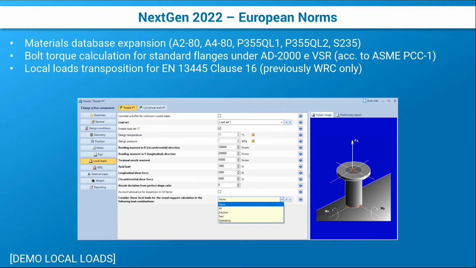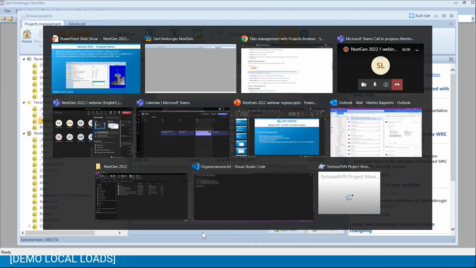So what does it mean? It means that now if you have local loads on nozzles or attachments made according to the EN code, you can transport these actions to the base of your support. Let's see it in action to better clarify what it means.